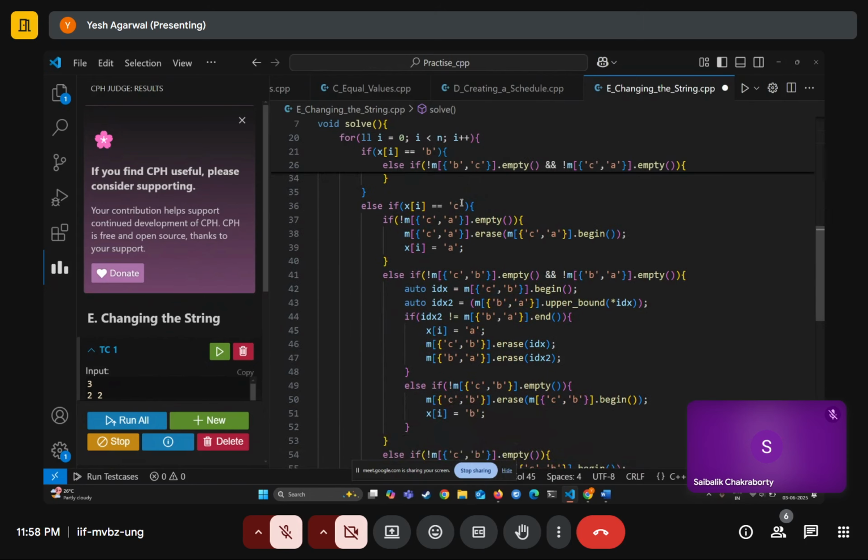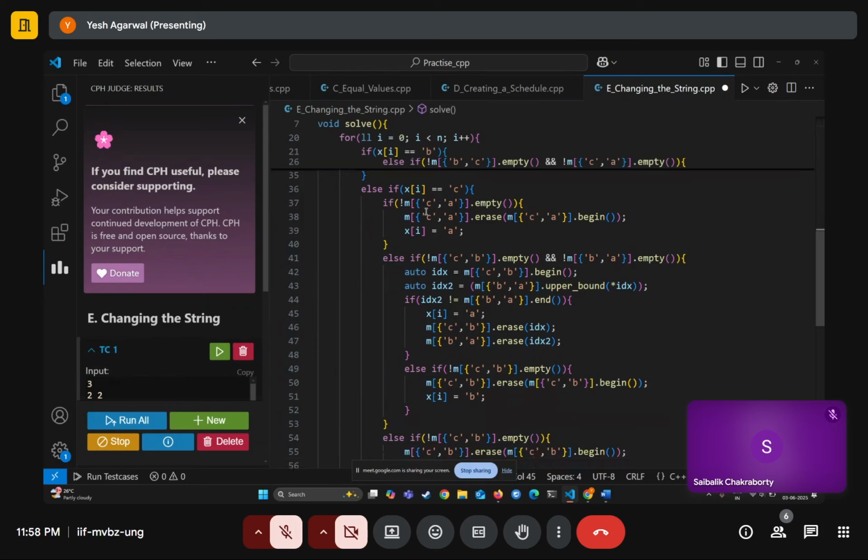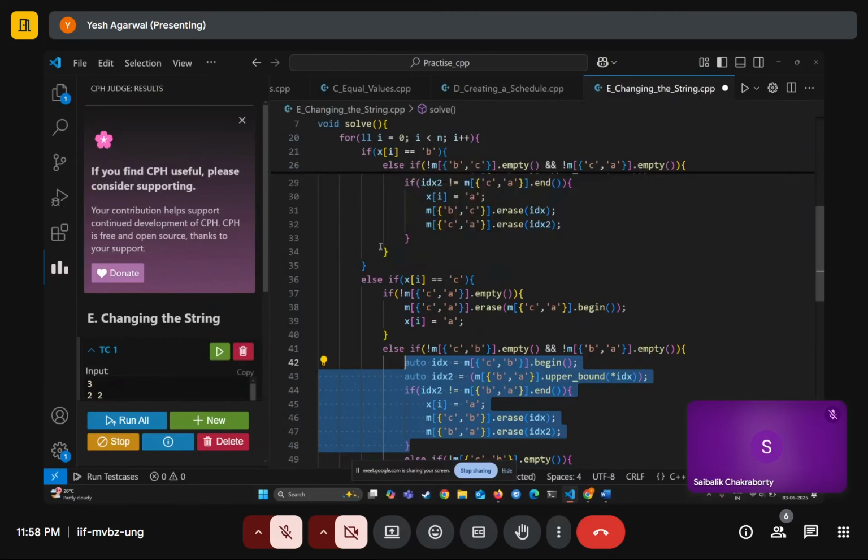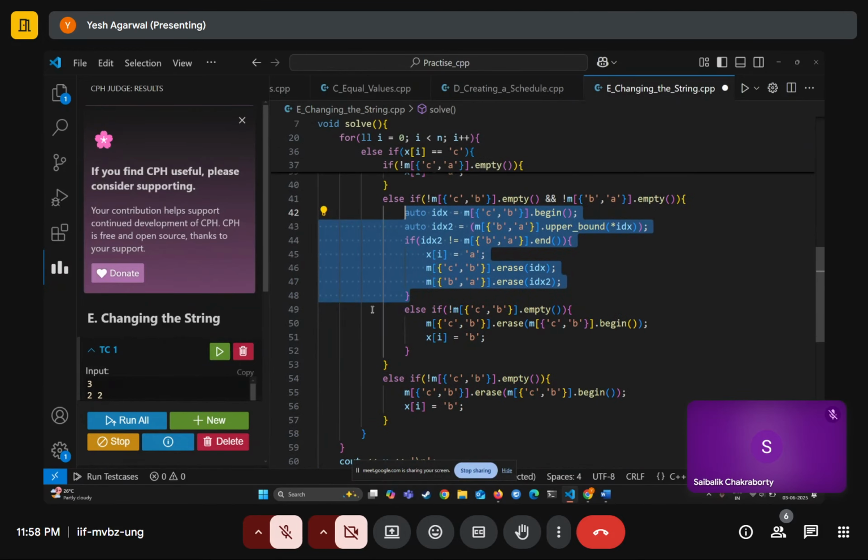Otherwise, we go for C and check whether we can convert C to A. If we can, then we are happy. We are able to convert C to A. If not, then we check whether I can convert C to B then B to A, and the same procedure follows which I have explained for B to C, C to A.